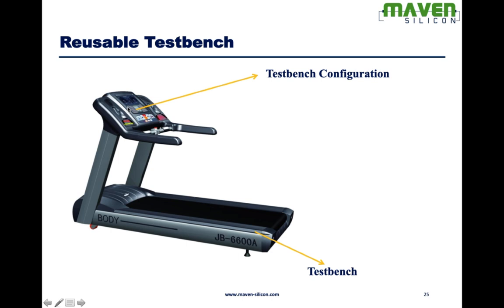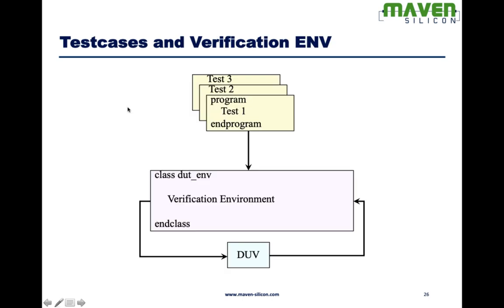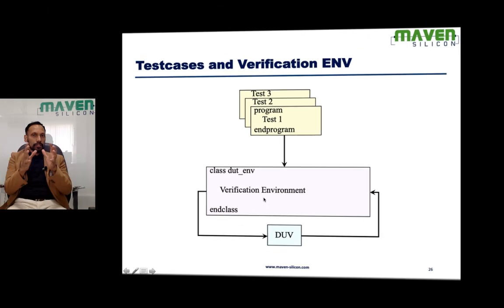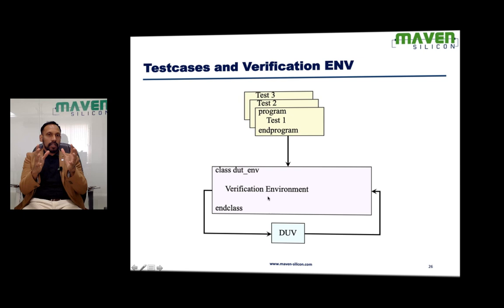Look at this. This is the verification environment or test bench infrastructure. This is what we discussed during the verification process. Usually the experienced verification engineers create this environment based on the test bench architecture. This environment does certain things repeatedly.